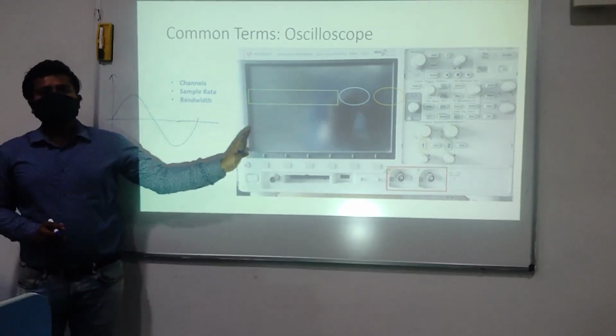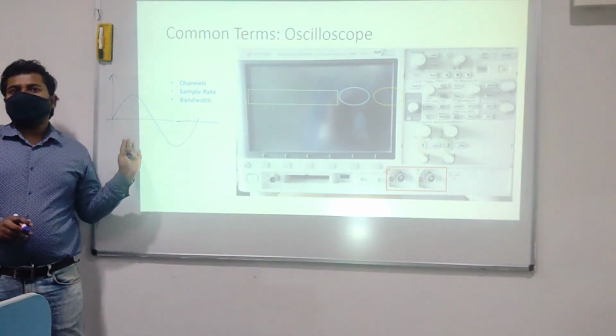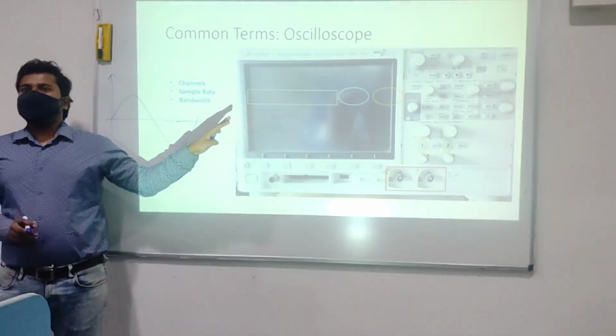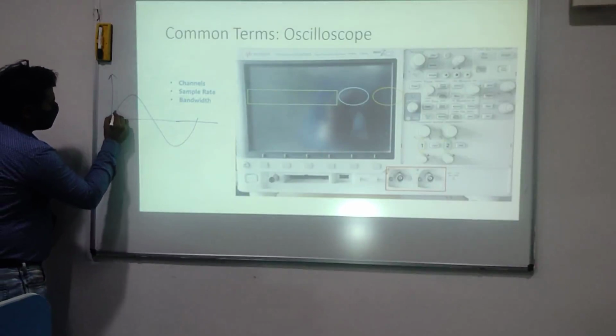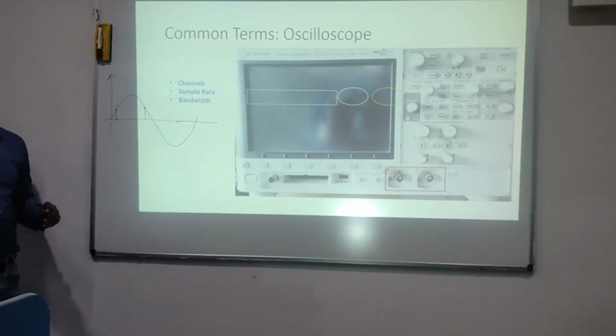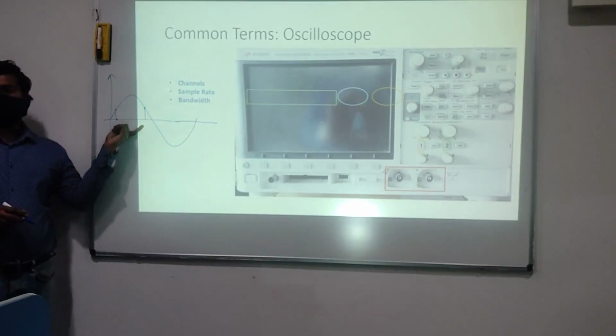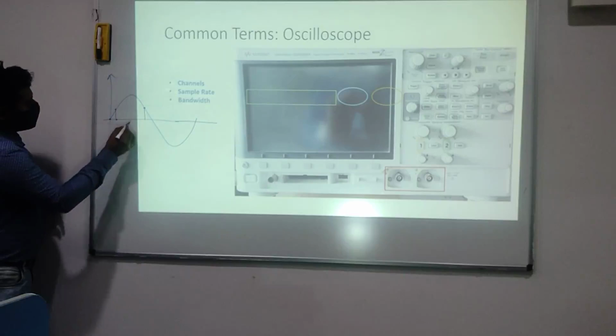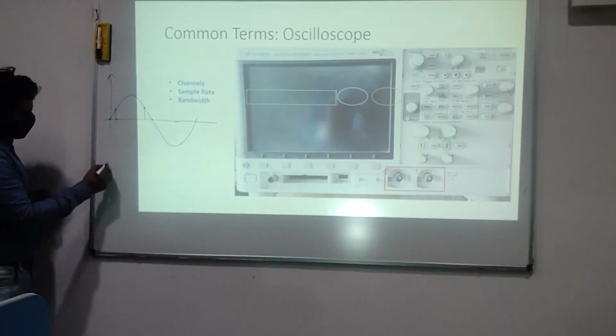My oscilloscope is plotting it by converting it into a digital signal. And for that I told you a procedure. I am taking samples. Okay. For example, I took these 2 samples, or maybe 4. So what is happening?